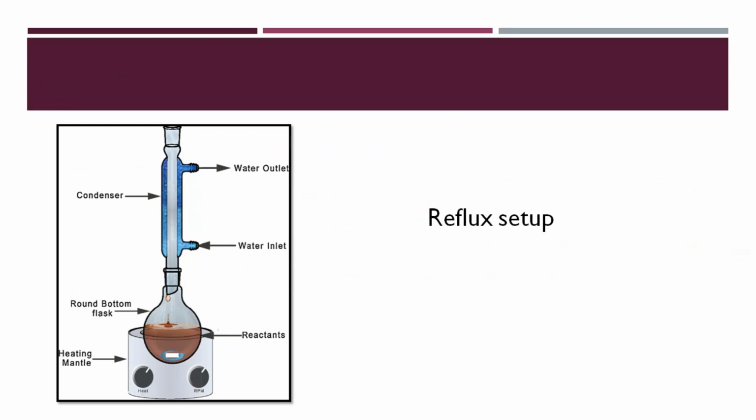Bottom one is for water inlet, which we will connect with the tap, and the upper one is the water outlet through which the water will come outside. And this reflux setup is put onto a heating mantle so that our reaction mixture will get uniform heat. So this is how we are going to set up the reflux assembly.